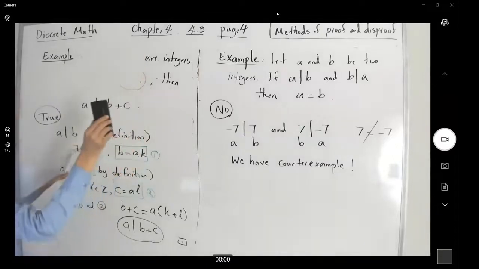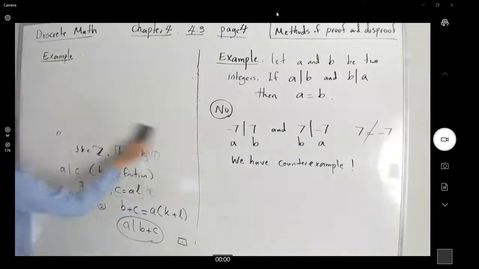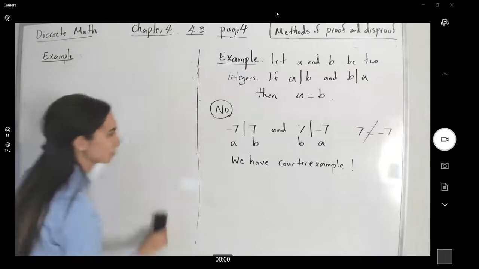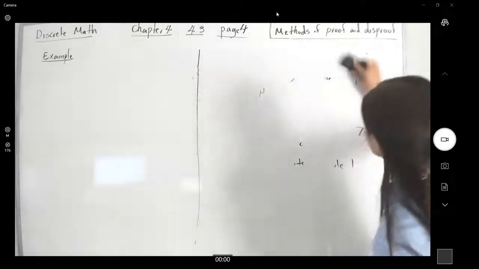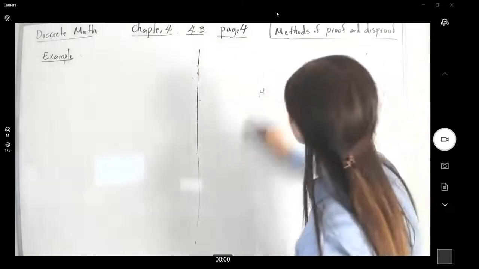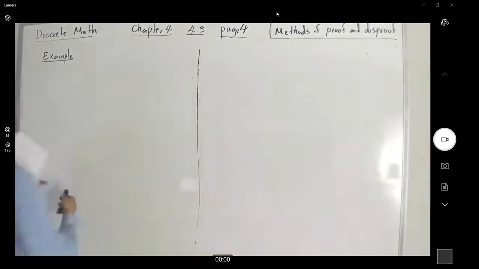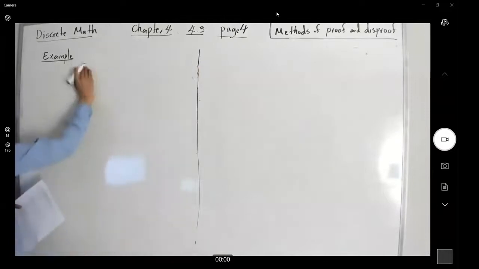Okay, 2 more examples for you. We are still on page 4. I'm going to write the first one on the left-hand side of the board and the second one on the right-hand side of the board. So this one says, suppose A, B, C are integers.